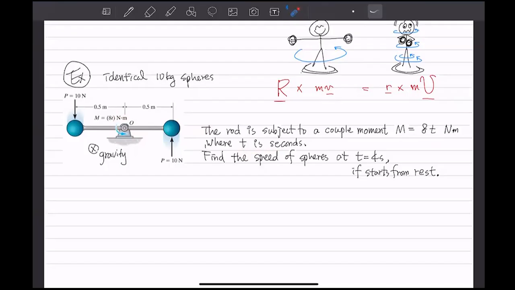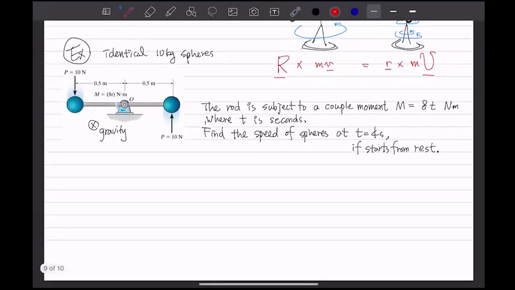The question is, find the speed of the spheres when t equals 4 seconds. It starts from rest, and there is no gravity in this direction. Gravity is going into this surface, so gravity is a vertical thing.